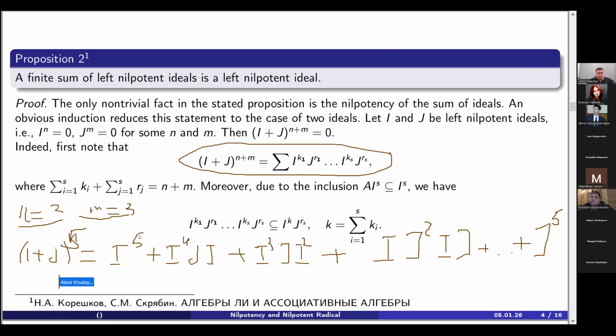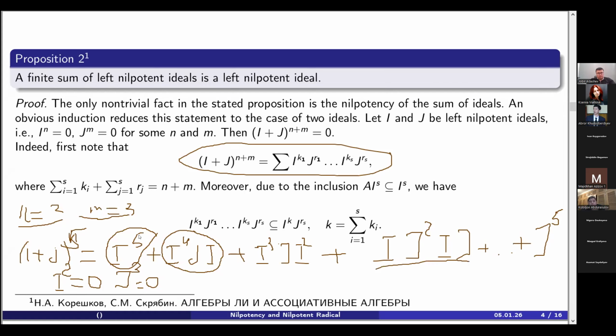It means I squared equals 0 and J to the power 3 equals 0. Why is this 0?